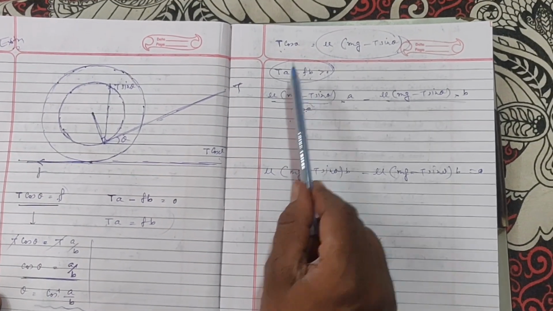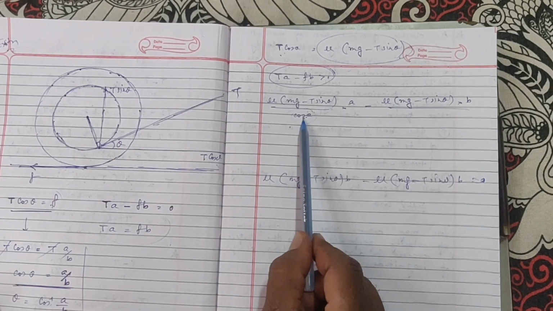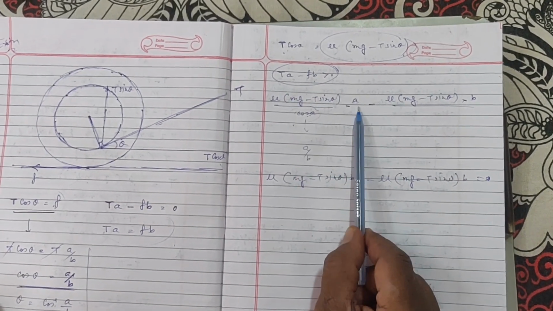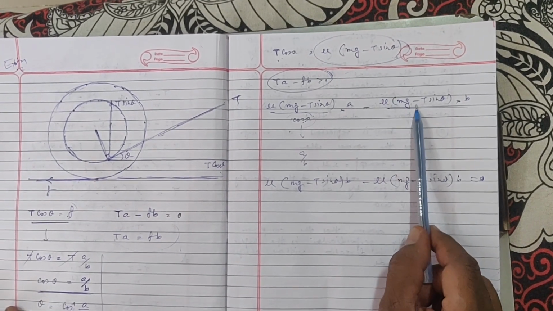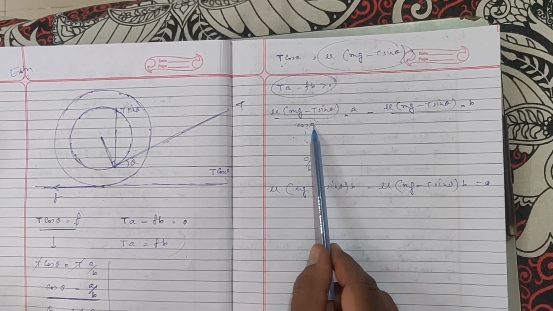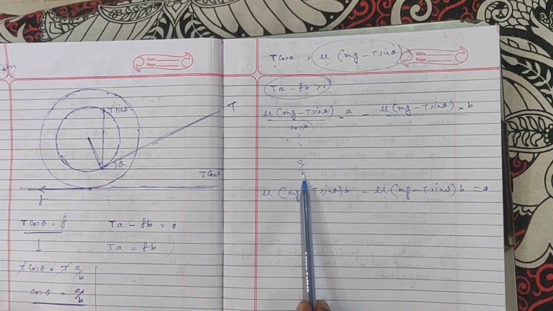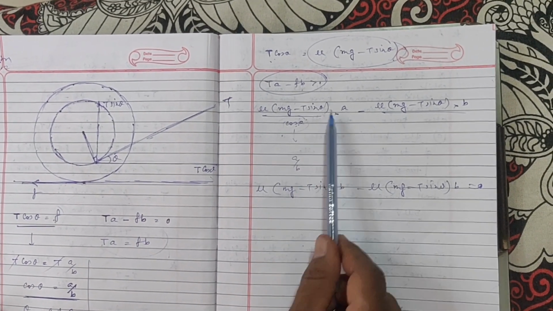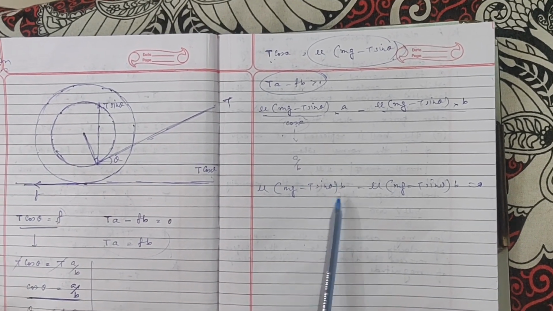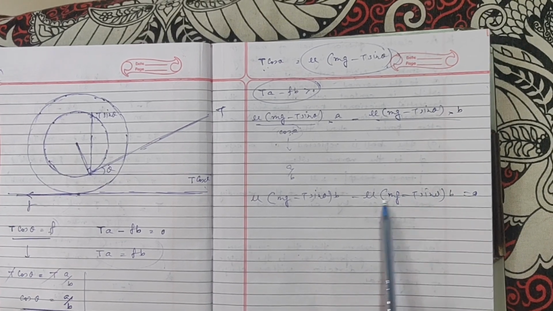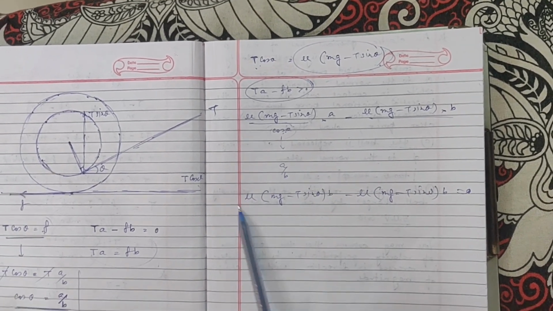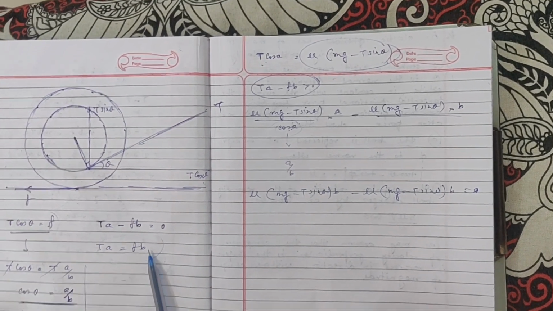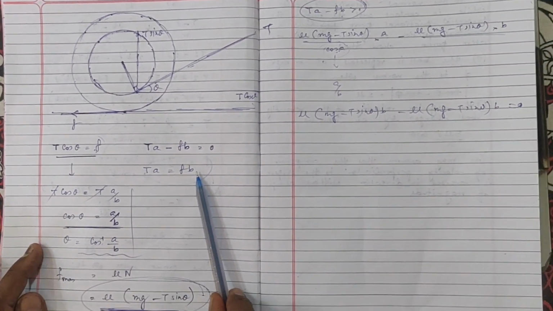So what is T? From this, mu into (mg minus T sin theta) upon cos theta into A minus F. F is this one, mu into (mg minus T sin theta) into B. But cos theta is A by B. So replacing cos theta by A by B, we get mu into (mg minus T sin theta) into B. This is the same as the last term, the second term. So these two are equal. So in this case also, these two torques should be equal. That's it.